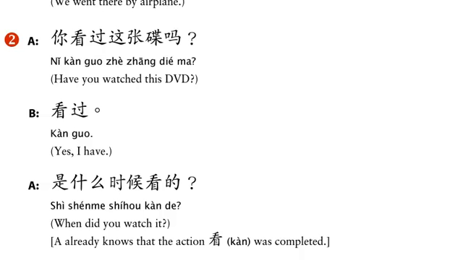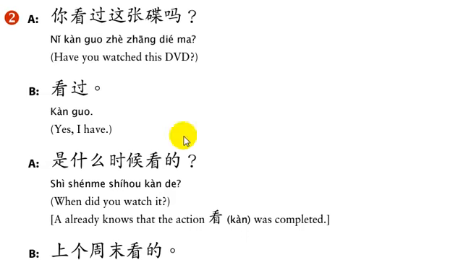Okay, here's another conversation. 你看过这张碟吗? Have you watched this DVD? 看过. Now we have the context. Person A now knows that person B has watched this DVD.